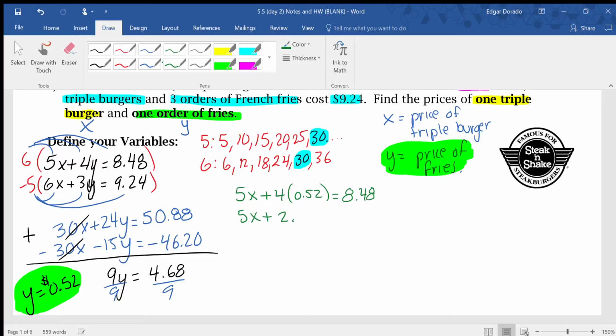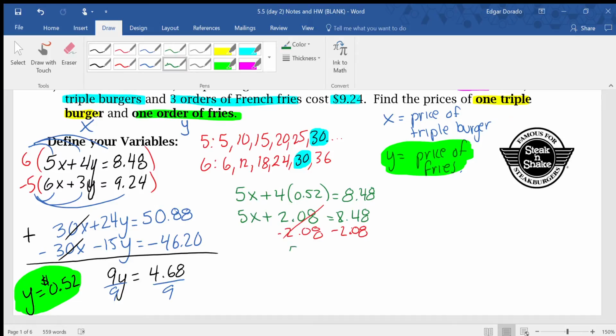I believe this is a 2.08, equals 8.48. Sorry, this is supposed to be an 8.48. If I subtract these, I get minus 2.08.